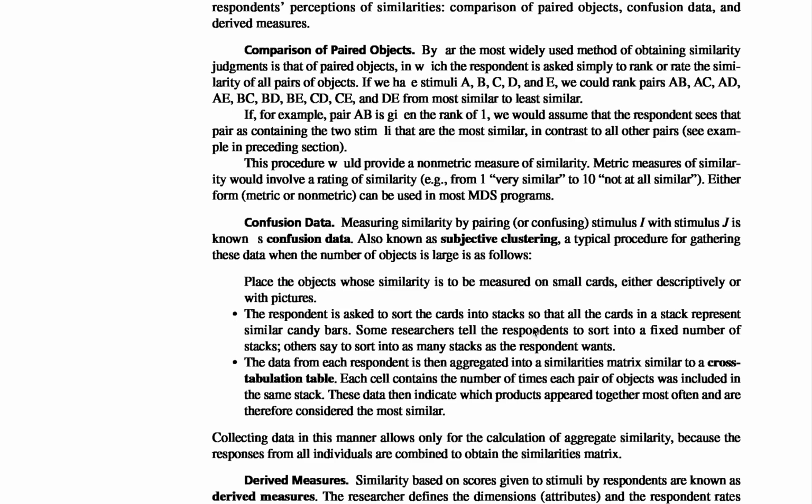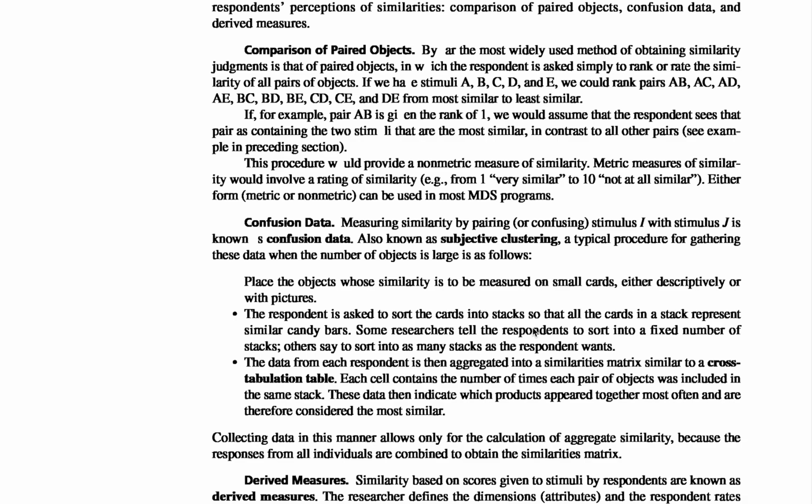Comparison of paired objects. The most widely used method of obtaining similarities judgments is the paired objects method, in which the respondent is asked simply to rank or rate the similarities of all pairs of objects. If there were objects A, B, C, D, and E, we could rank pairs AB, AC, and AD from most dissimilar to least similar.